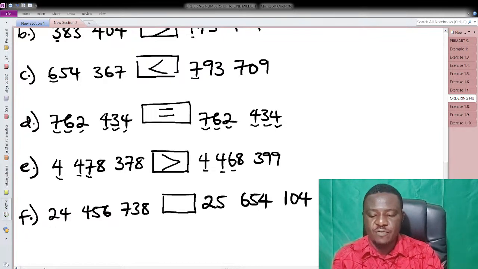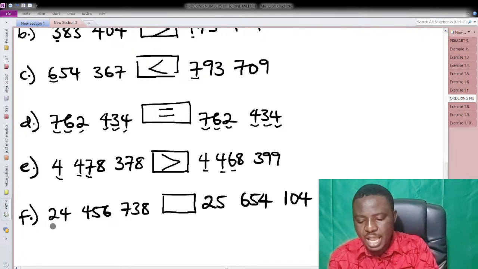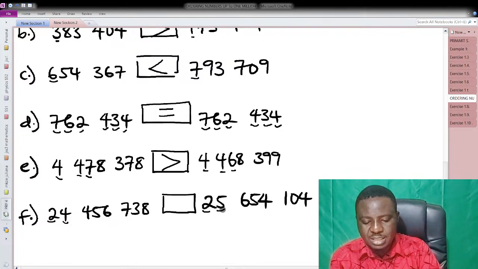And in F, we have to compare using greater than, less than, or equal to. They are both of the tens of millions, and the first digit is 2, that is 20 million, but this is 4 million and this is 5 million.